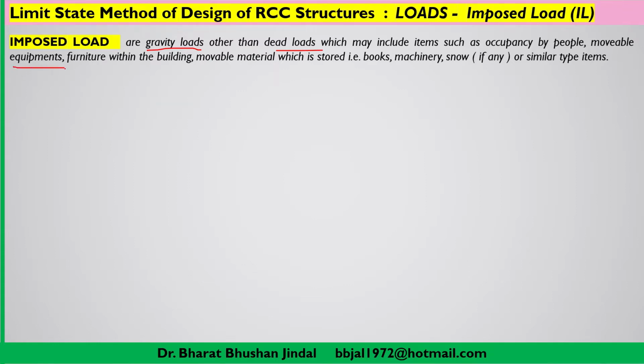Any equipment which can be movable, not fixed, furniture within the building, movable material which is stored, such as books, machinery, whatever it may be. So imposed load means it is a live load, and that load can be removed. It is movable, not a fixed type of load. That type of load will be termed as imposed load. Earlier it was termed as live load.